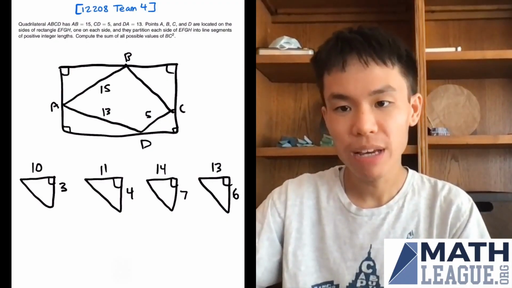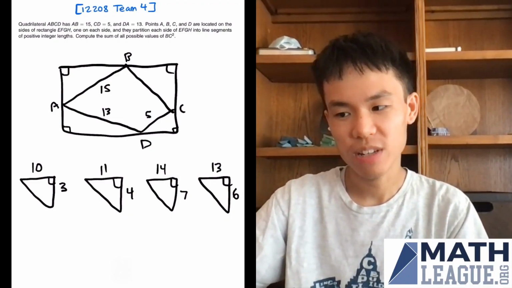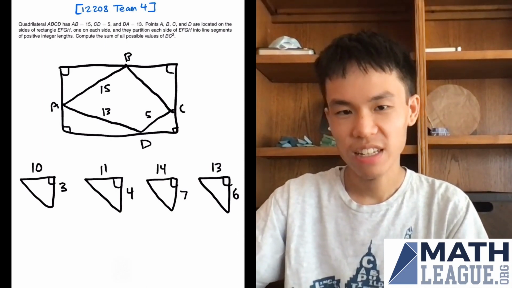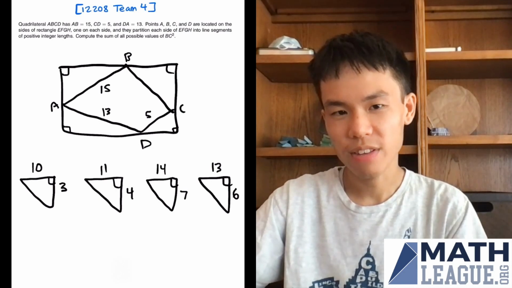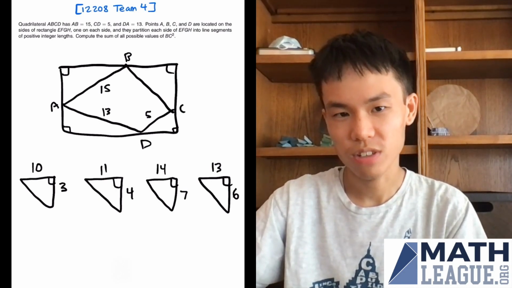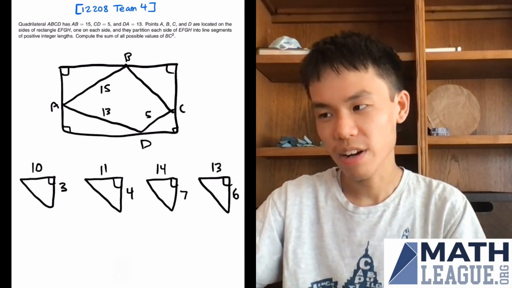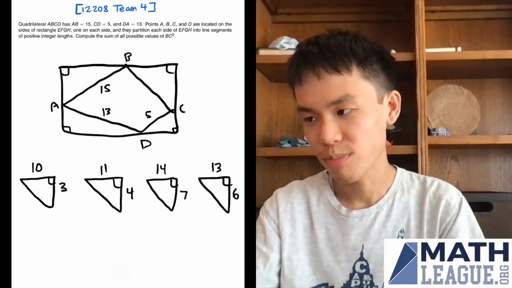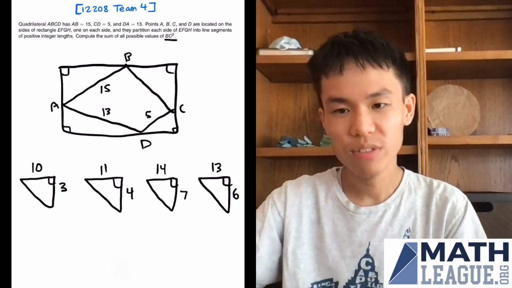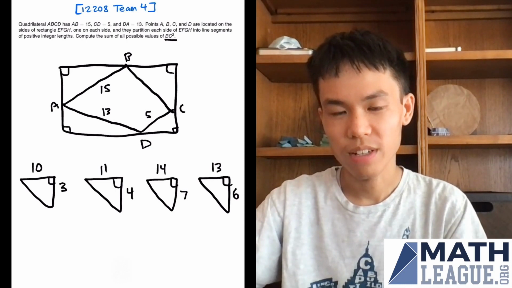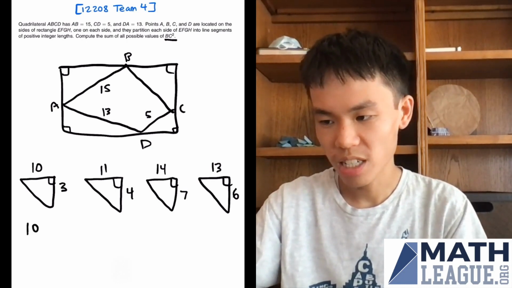All right, I got back from writing down all those cases and keeping them in an organized list such that everything's easy to find. Now I can just use the Pythagorean theorem to find the length of the third side, but since we only care about the possible values of BC squared, we don't even have to worry about square rooting this time. So 10 and 3: 100 plus 9 is 109.